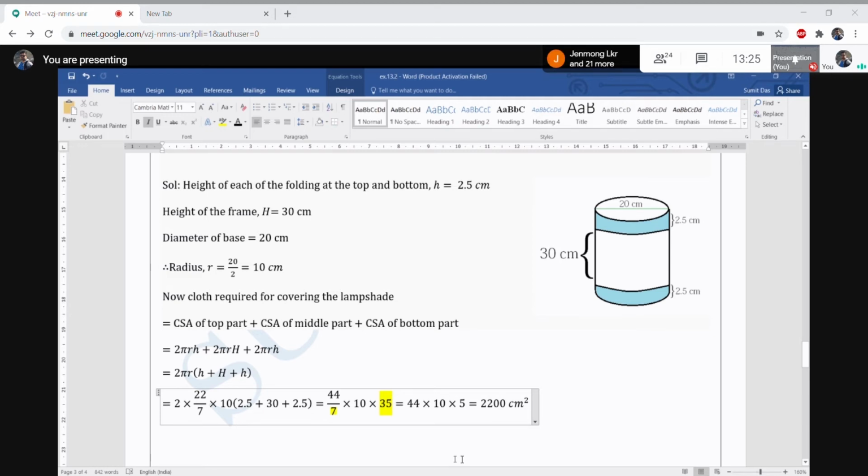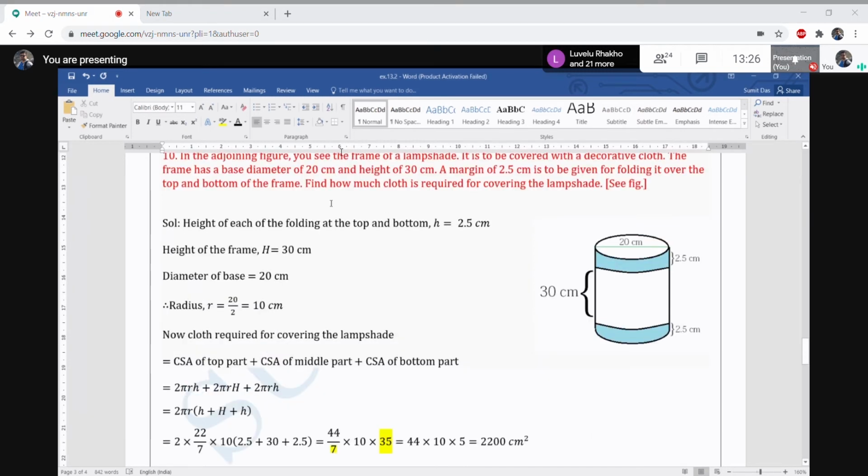So how much cloth is required? This much cloth is required. You can write the answer. The question was to find how much cloth is required for the lampshade.